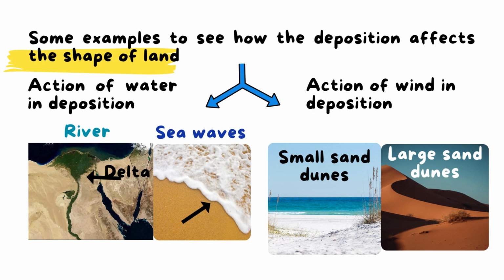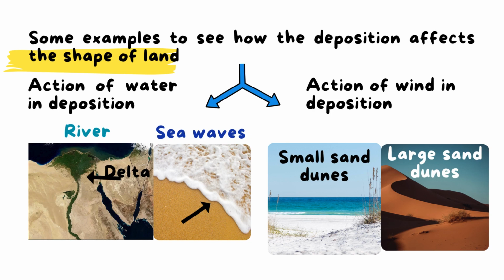We will talk about the action of water deposition and the action of wind deposition. In water deposition, we saw the formation of a delta, a land that has a shape different from the others, and also the action of the sea waves that pull the sand away from the beach.